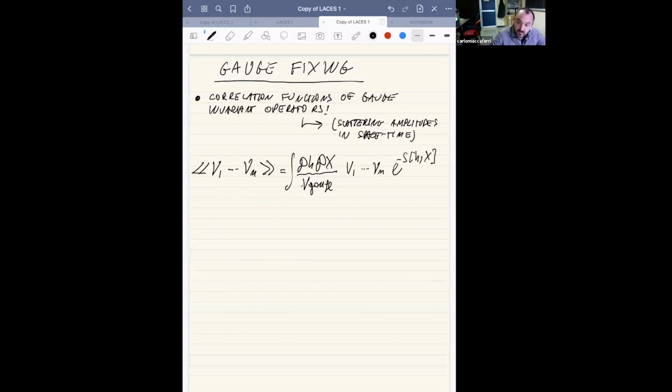So, just trying to be a little bit more concrete than this. How can I define what is this volume of the gauge group? Okay, a little bit heuristically, I'm going to define it just as this thing here, as the functional integration of the parameters of my gauge transformations.